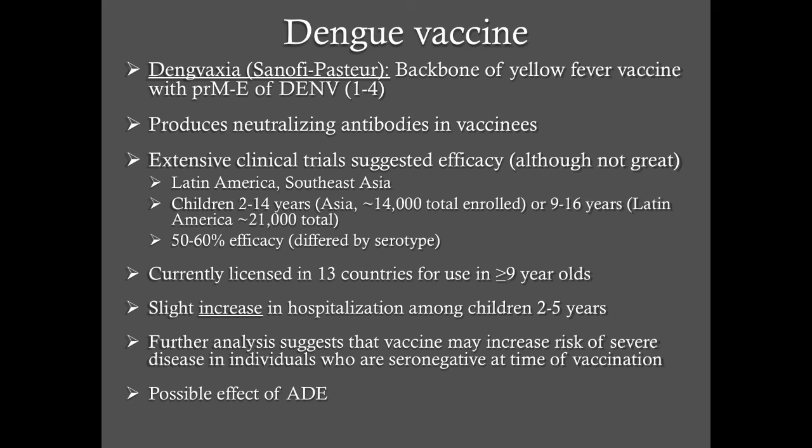The youngest part of the cohort who were vaccinated, when they were infected with dengue, tended to have worse outcomes than the placebo group. Oh, that's not good. But further analysis suggests that there is actually an increased risk of severe disease, not just in children, but in any individual who is seronegative at the time of vaccination.